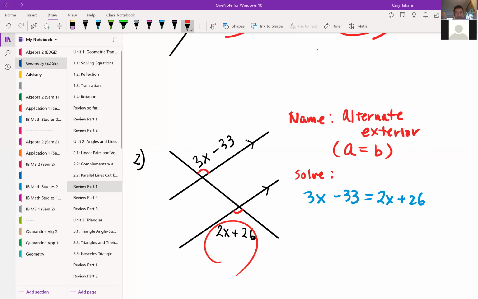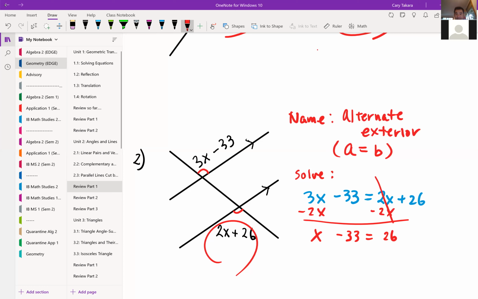Which one? You first want to get rid of the smaller x's, so I'm going to subtract 2x from both sides. This one is gone. This one becomes 1x, or just x. So let's rewrite it: x minus 33 equals 26.